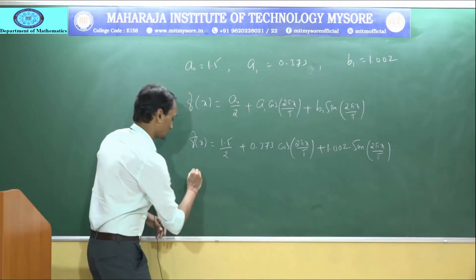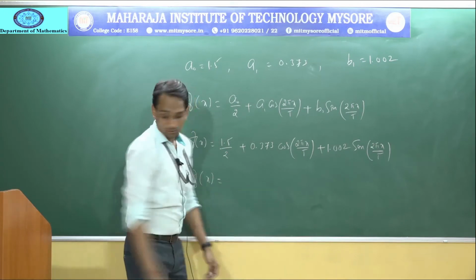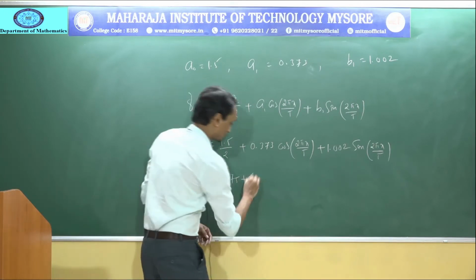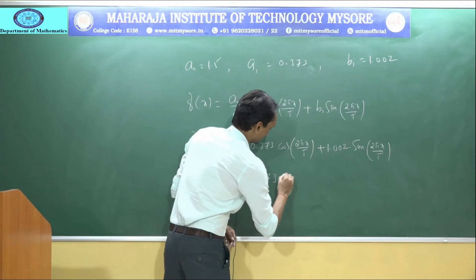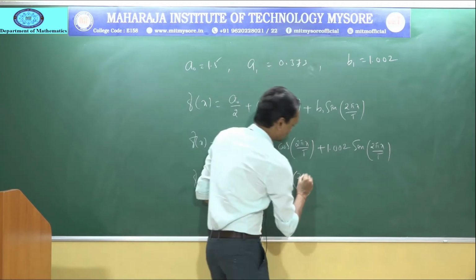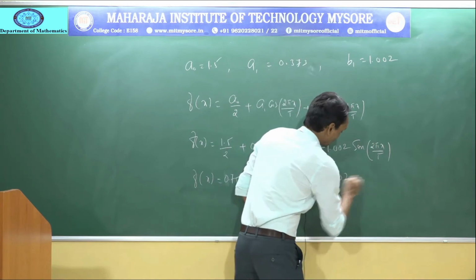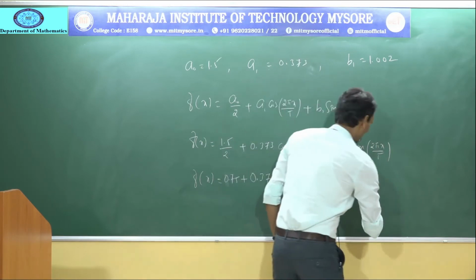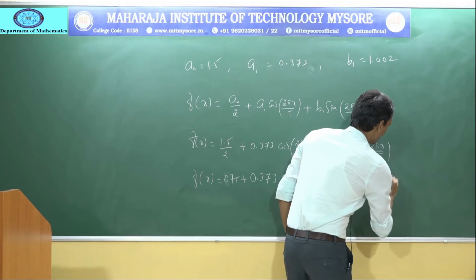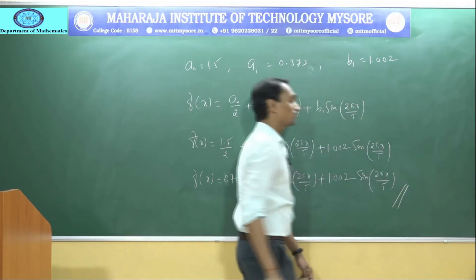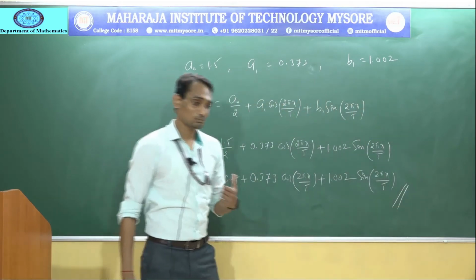Now simplify this equation further. F of x equal to 0.75 plus 0.373 into cos of 2 pi x by t plus 1.002 into sin of 2 pi x by t. This is the final answer for the first harmonic analysis.